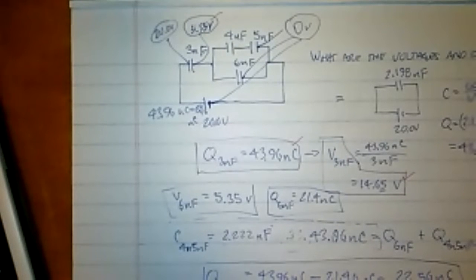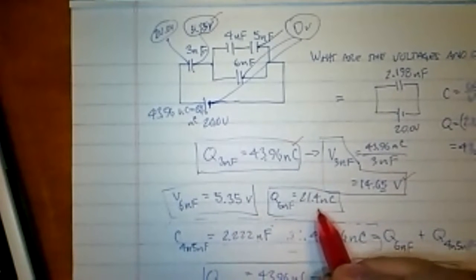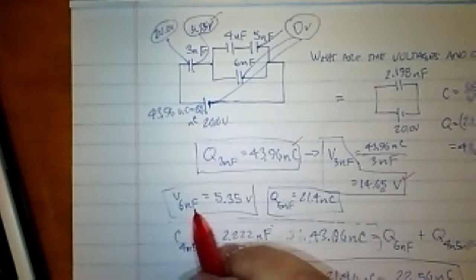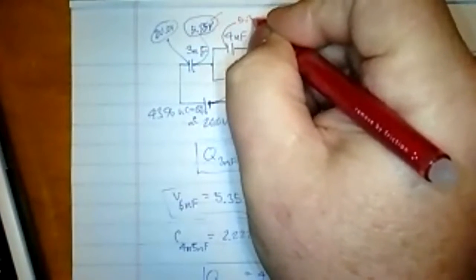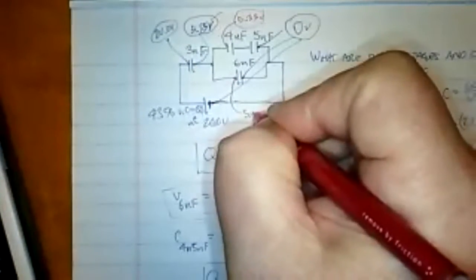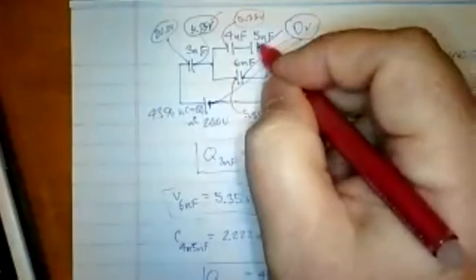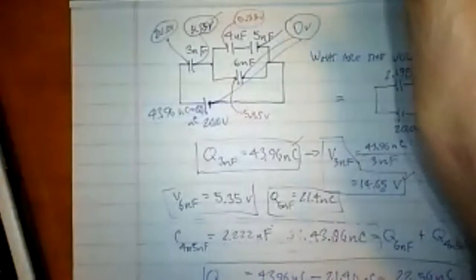Now at this point, I should be able to calculate the voltage across the 6 nanofarad capacitance. Since this is 5.35, this is also going to be 5.35. And this part right here will also be 5.35. And this part right here should be 0. So yeah, the voltage across that should be 5.35.